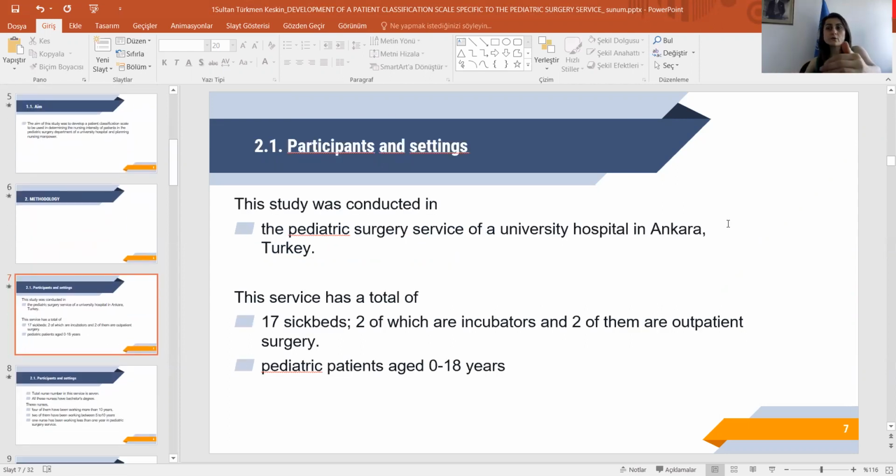Methodology: the study was conducted in the pediatric surgery service of a university hospital in Ankara, Turkey. This service has a total of 76 beds, two of which are incubators and 2 of them are outpatient surgery. Pediatric patients' age is 0 to 18 years.